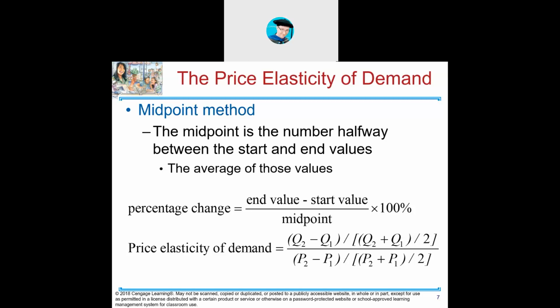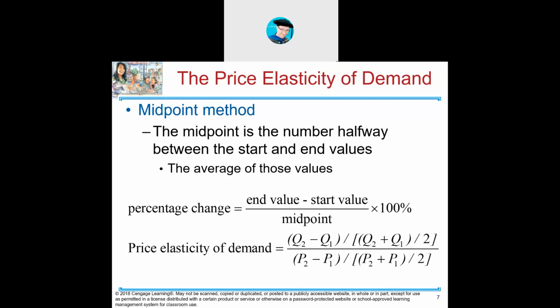Our end value would be 250 minus start value 200 divided by midpoint 225. How do we get 225? Well, it's the midpoint between 250 and 200. That'd be the way to find the midpoint for the price.